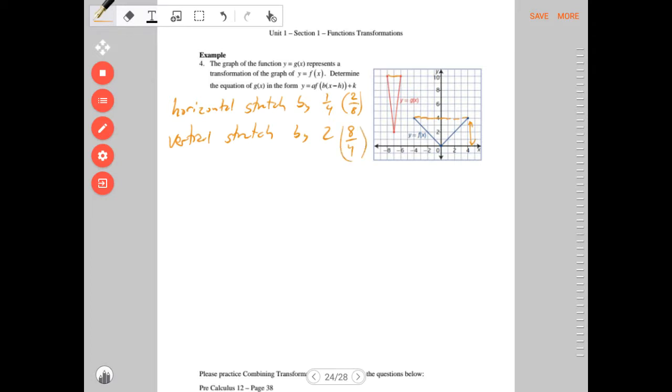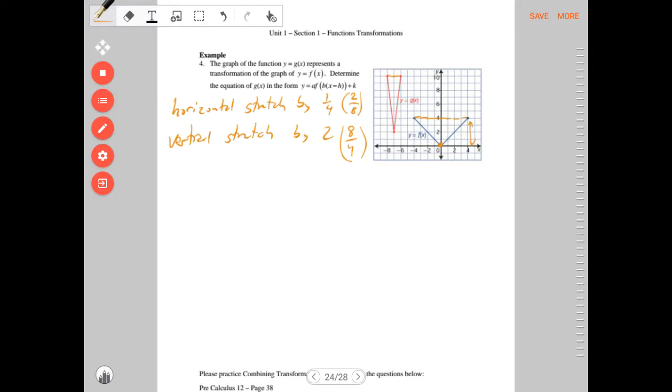We can always figure these out by taking the image height divided by the original height, or the image width divided by the original width. Okay, all good. Now there's been no reflections here. That's still straight up. So that's fine.